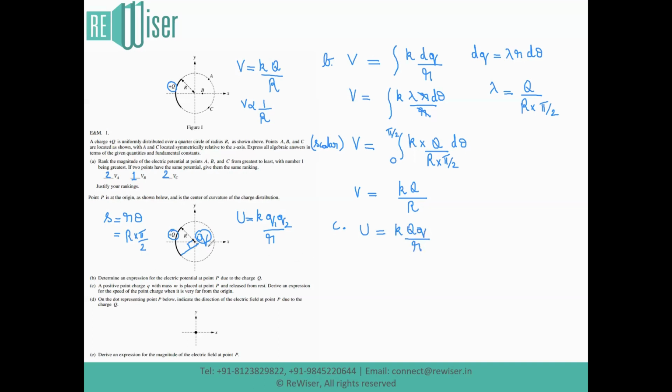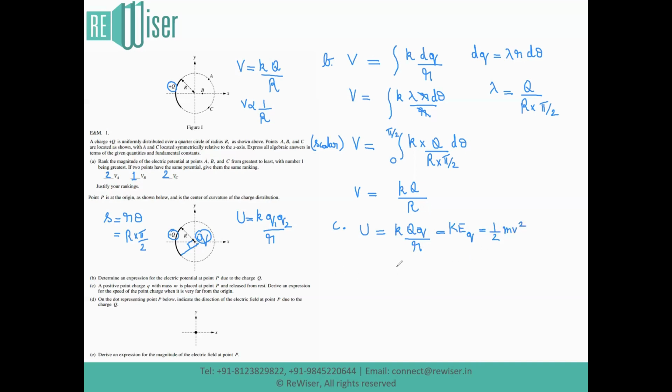We understand that this potential energy is what is converted into the kinetic energy for the charge q as it moves farther away. So this potential energy is equated to the kinetic energy of the charge small q as half m v square.